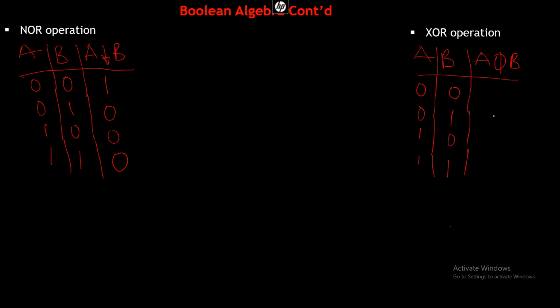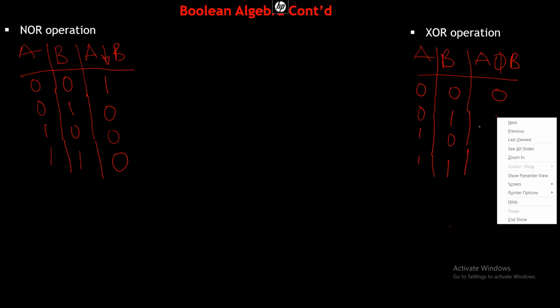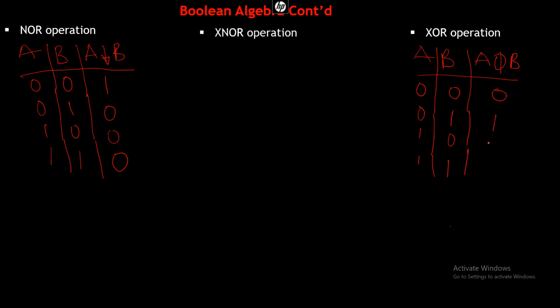Now, when both are false, you get 0. When one is true, you have 1. When one is true, you have 1. When both are true, you have false.